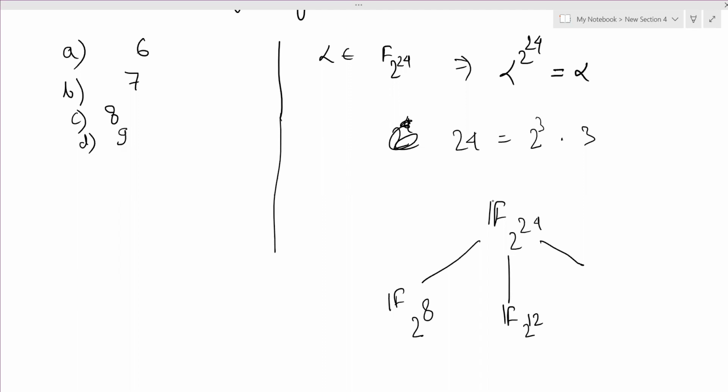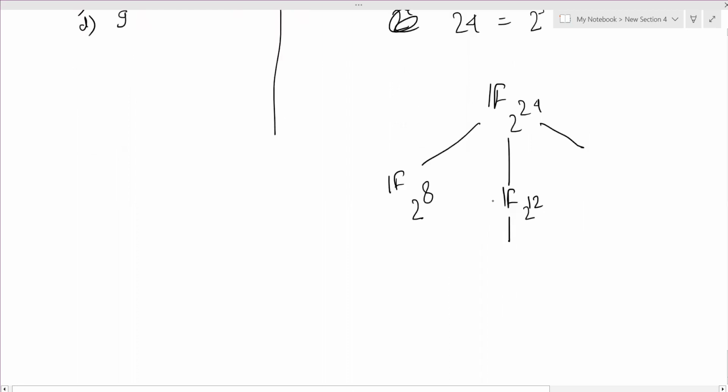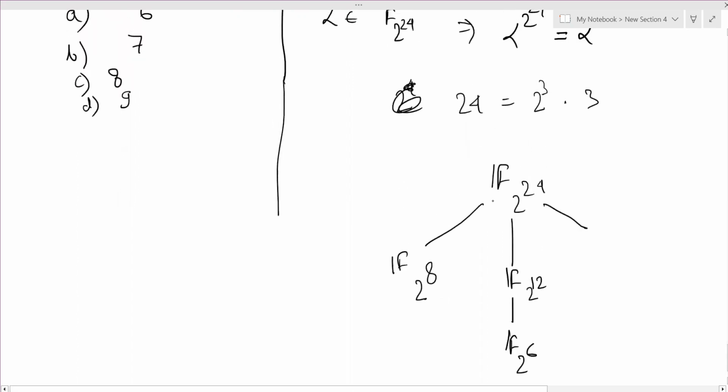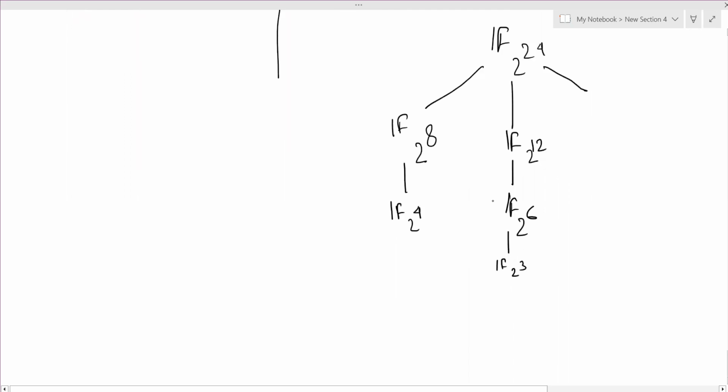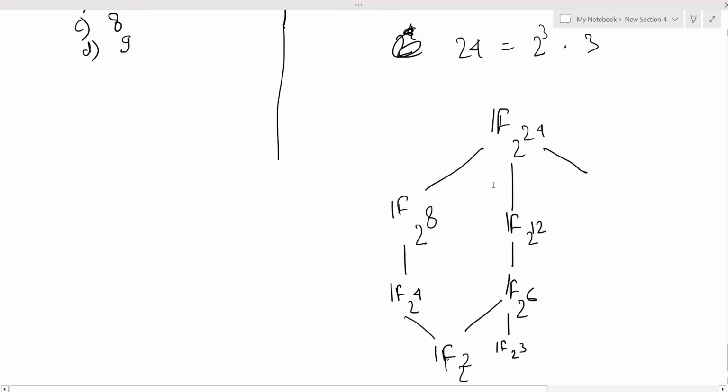F 2 to the power 6, F 2 to the power 4, F 2 to the power 3, F 2 to the power 2. Is there anything else possible? Tell me.